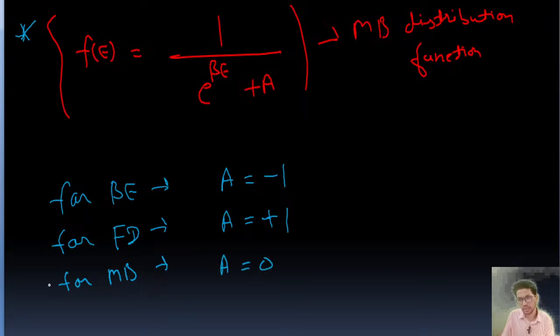Okay, this is also important. So these are the Fermi-Dirac distribution function, Bose-Einstein distribution function, and Maxwell-Boltzmann distribution function. Okay, guys.